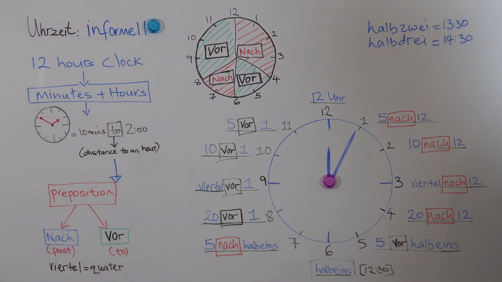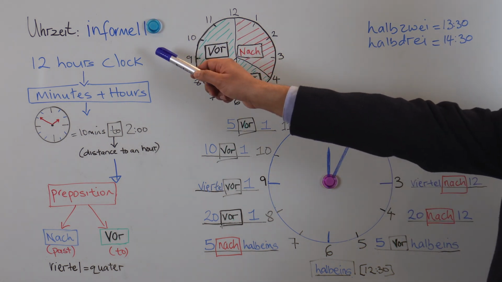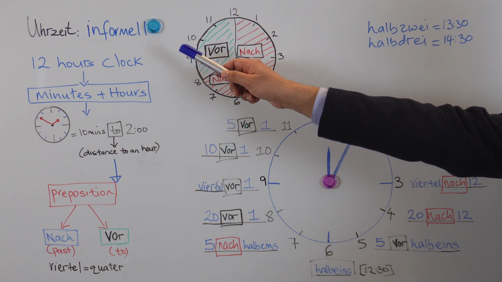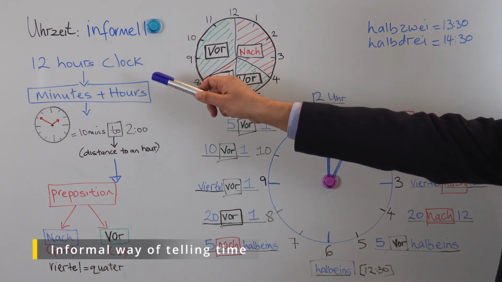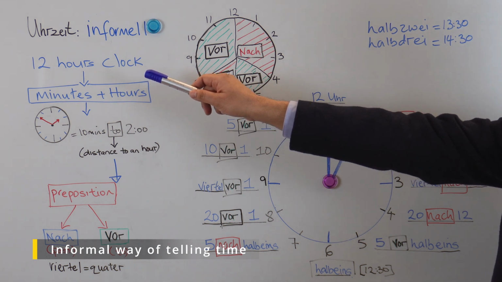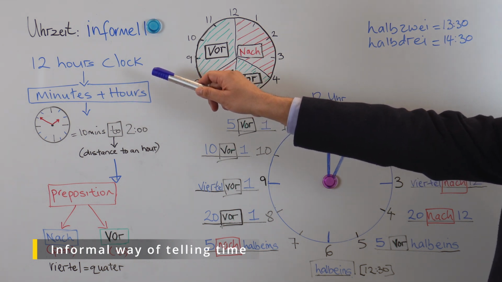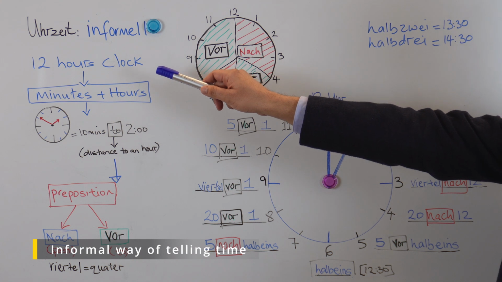Now we move towards the informal way of telling time. As you can see, the informal clock is a 12-hour clock, not the 24-hour clock as in the formal clock.